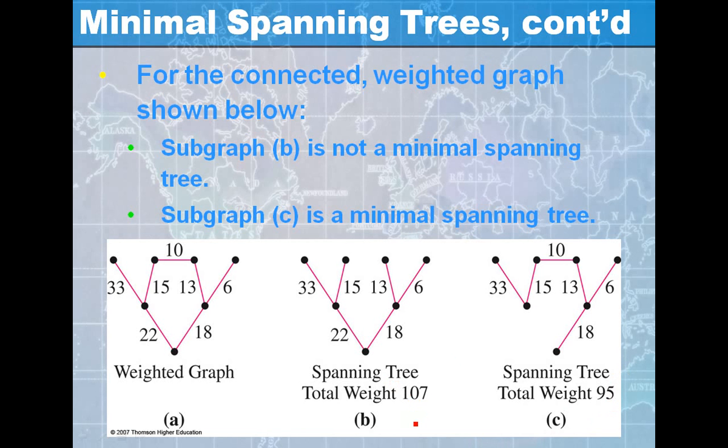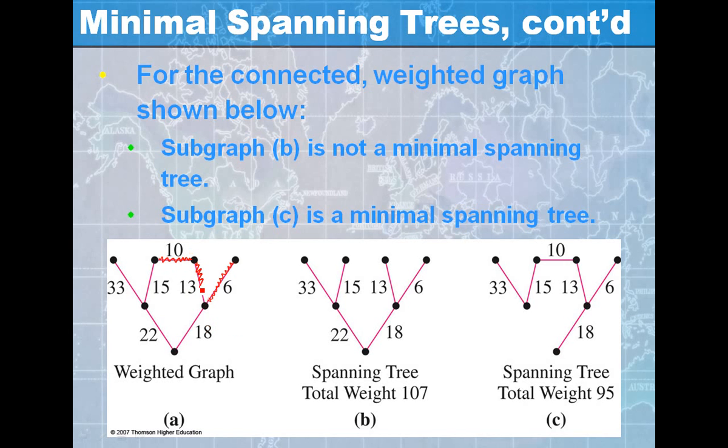Well, how we figure out what a spanning tree is, we start by putting in the smallest edges. So 6 is the smallest edge, the next is 10, and we don't want to create any circuits. So far we're okay.